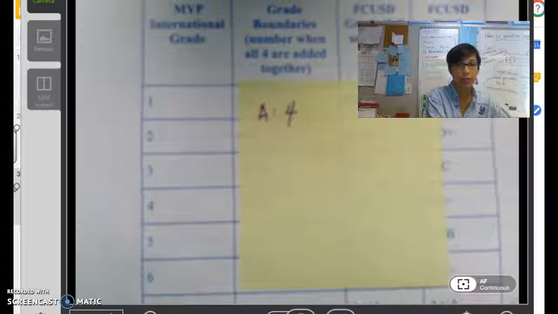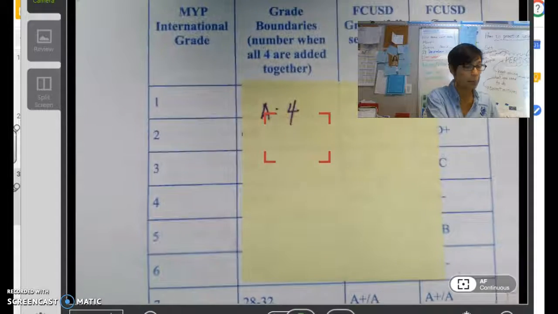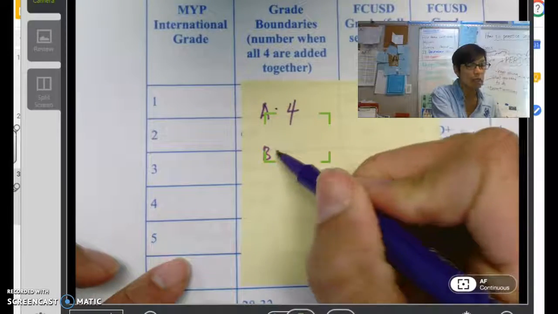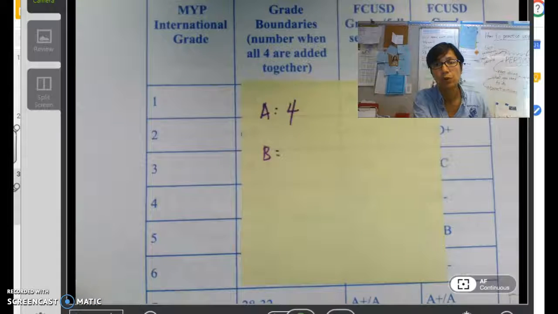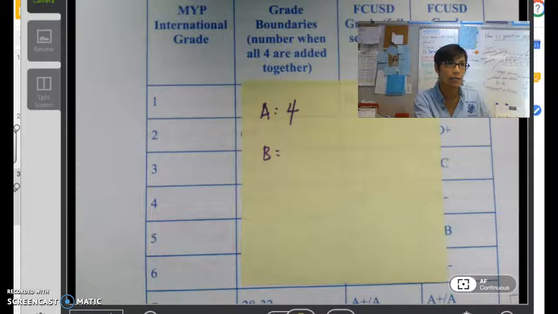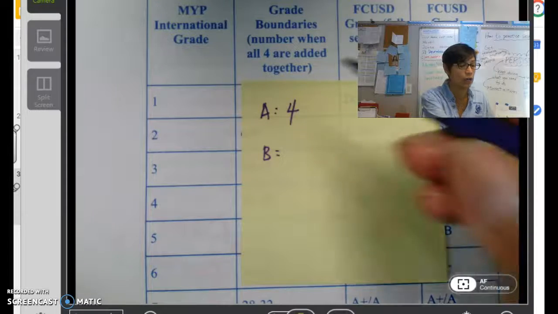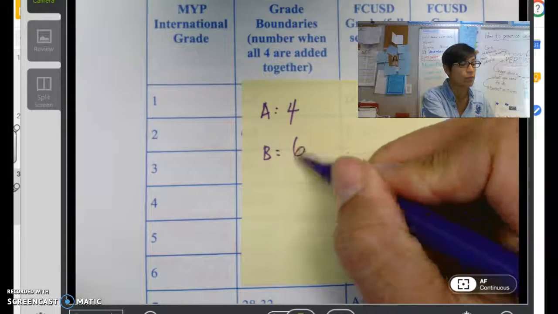And then for criteria B, it is where you completed the slides for the steps, and let's say you completed 3 out of 5. And you presented in front of the class. So that is a grade of a 6.